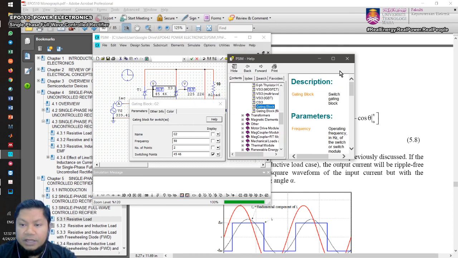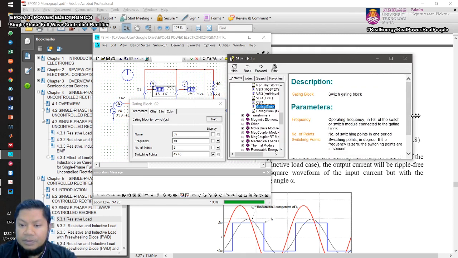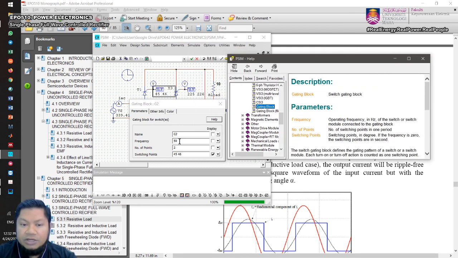Okay, if you want to look at this, frequency: operating frequency in hertz, you need to put it in terms of hertz, not radian. Number of points: number of switching points in one period. If you think about the pulse, you need to supply 2 pieces of information, 1 point, 2 points, isn't it?